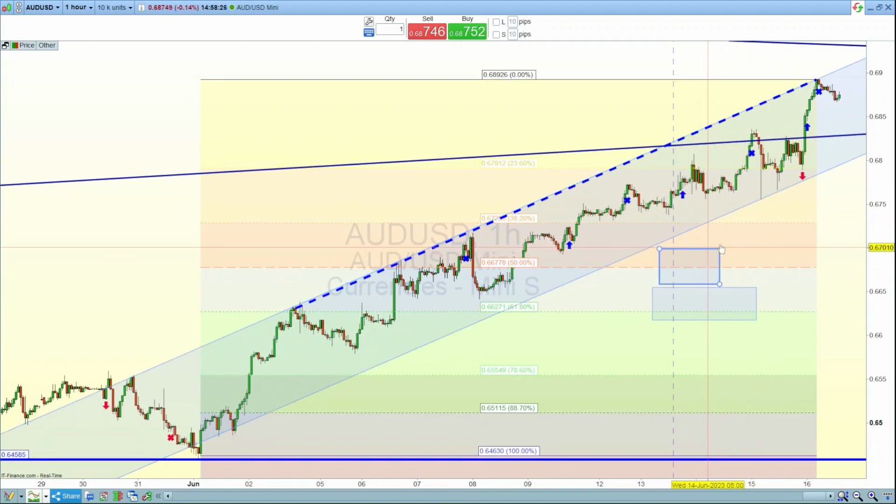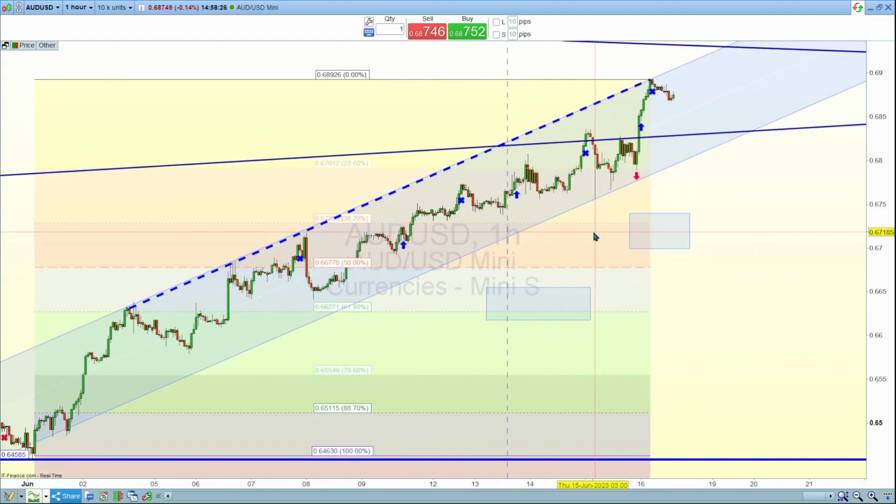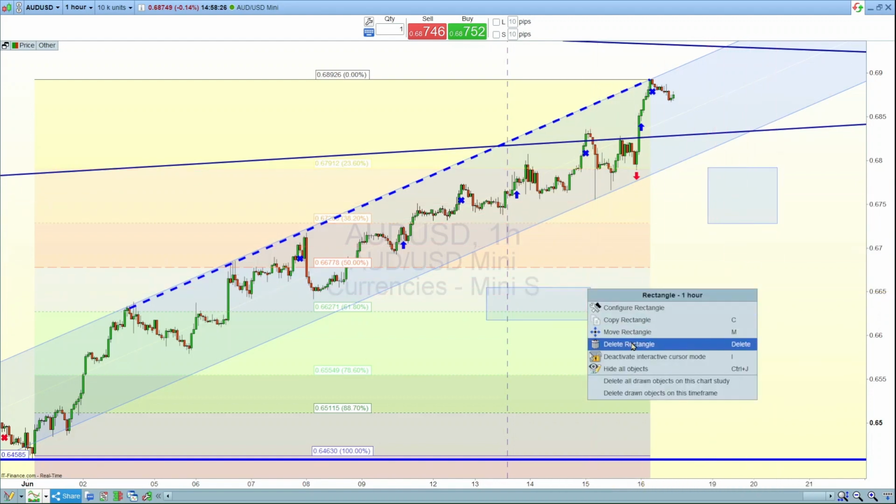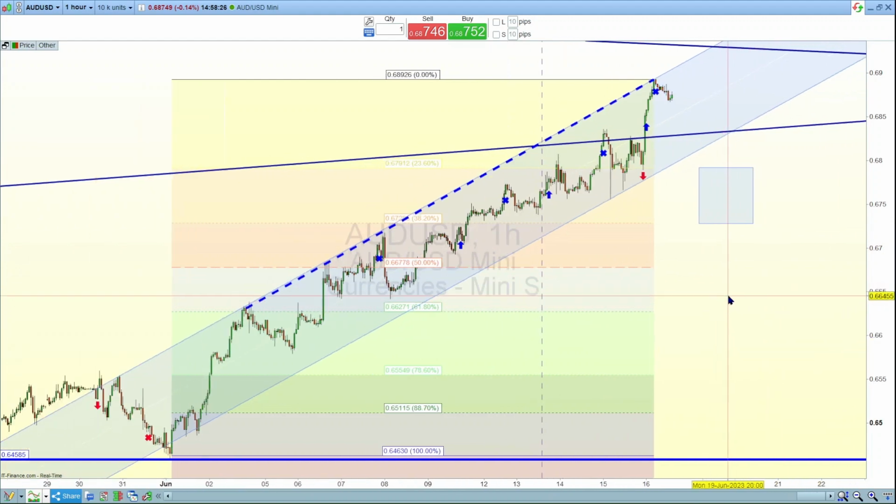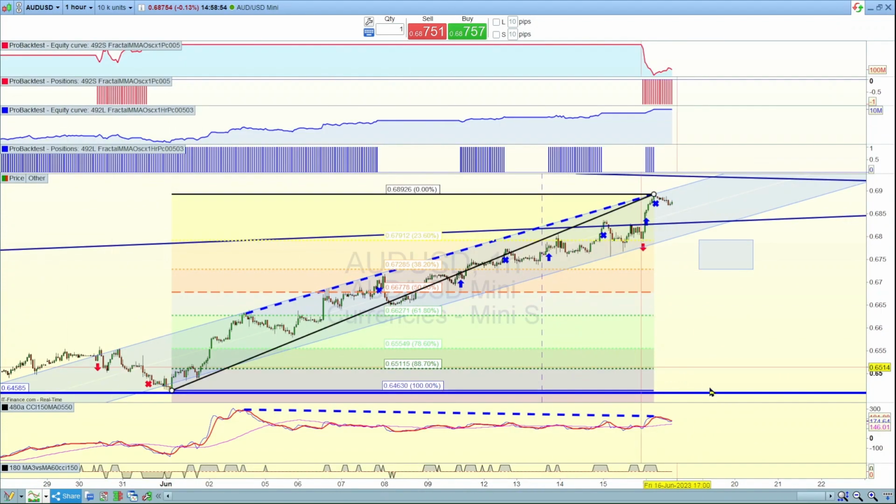Then we're going to move this. You notice here as well, the target ranges have widened, so that'll be between the 23% down to about the 38% level. I'll delete that second level just to keep it simple. So that's our new target area, assuming the price continues to the downside. So if I move that back, restore that to where it was.